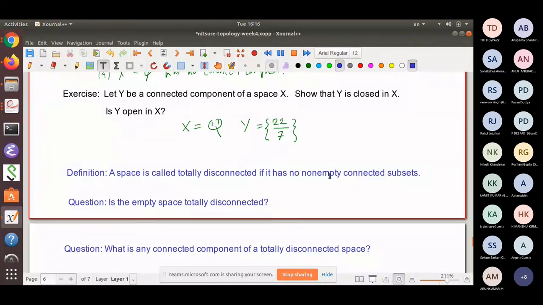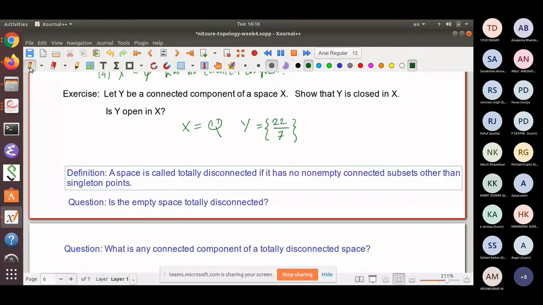Yes, it has no non-empty connected subsets other than a single point.